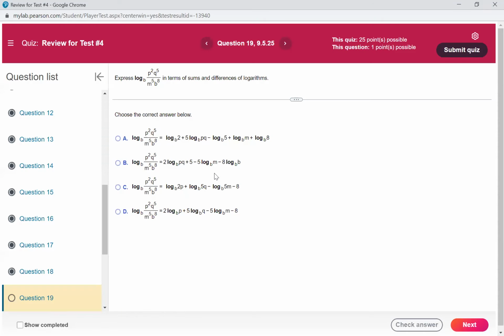Oh, look, I don't even have to put it in. We just got to find an answer that matches us. So it cannot be A and B because they didn't do nothing with that log B of a, log B of b stuff. So let's see which one matches us. And it can't be C because they got the numbers in the wrong spot, don't they? That 2 should have been in front of the log, not by the P. So y'all, there's only one answer I can pick.